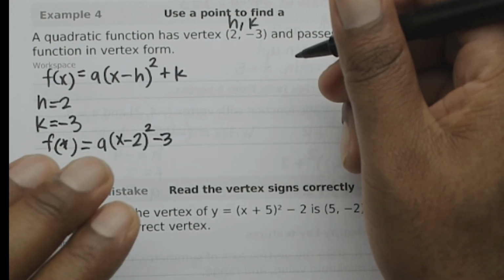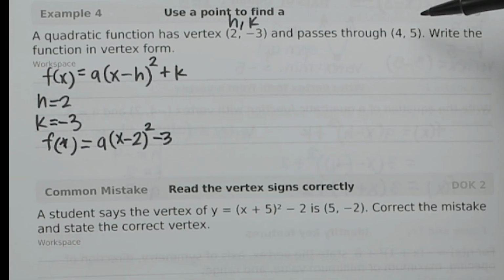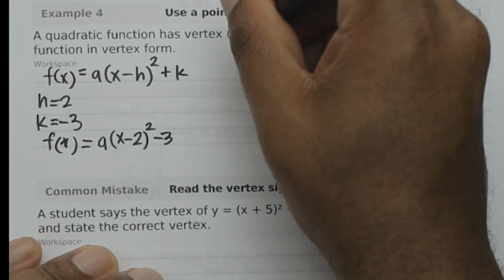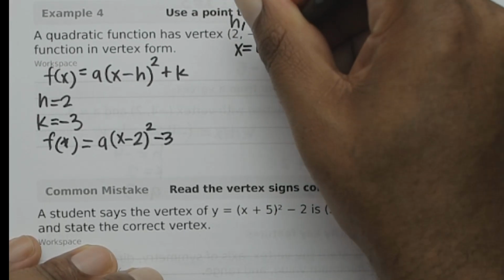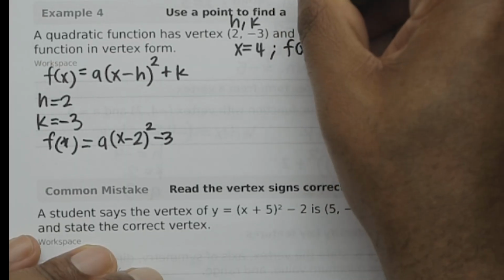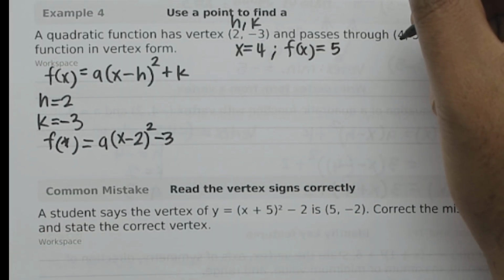Now we're going to use this point because it says it passes through 4, 5. So we're going to use this point to determine a few things. So one, we have x equals 4, and then another, we have f of x equals 5. Okay, so we're going to solve for both of those things.